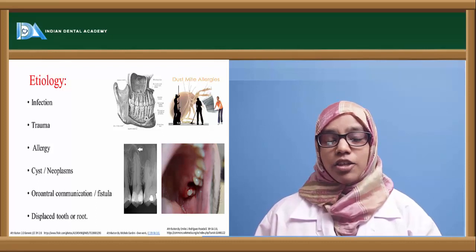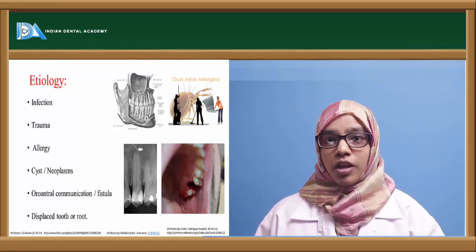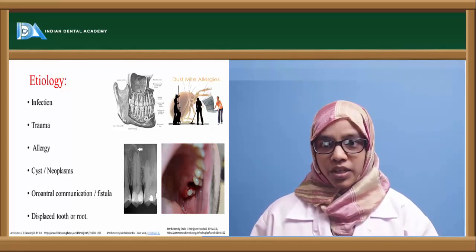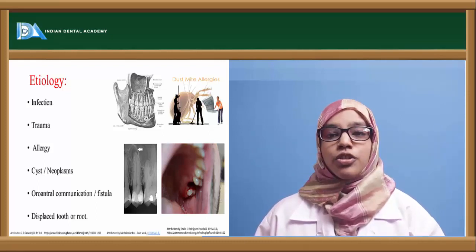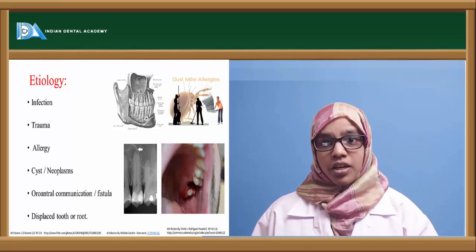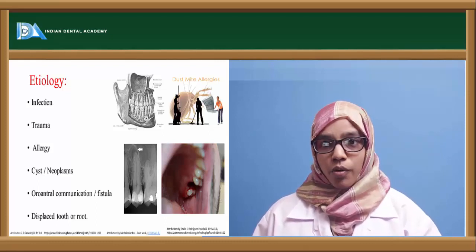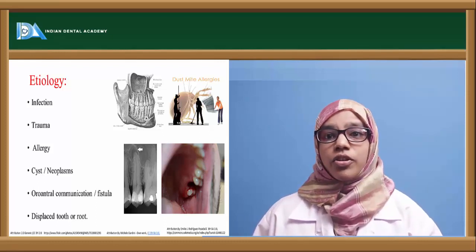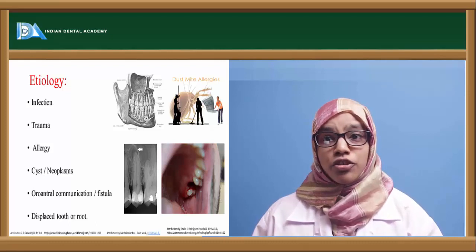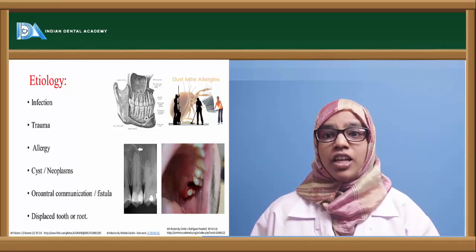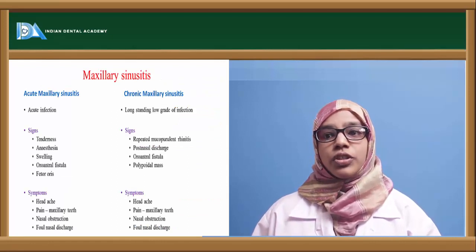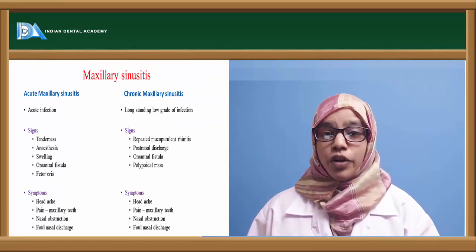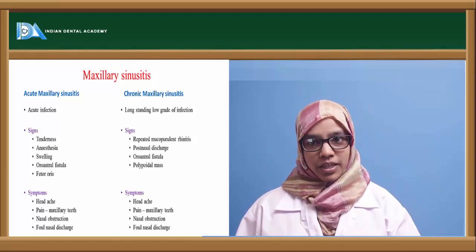Maxillary sinusitis can also be because of an oro-antral communication or a fistula. It can also arise because of a displaced tooth or a root into the maxillary sinus. A displaced tooth acts as a foreign body and causes an antigen-antibody reaction resulting in inflammation of the maxillary sinus and eventually causing sinusitis.